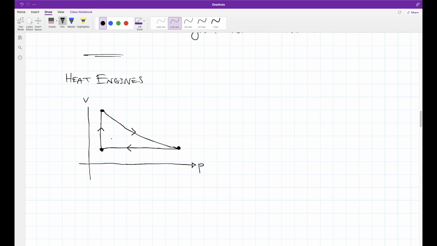So we have one isothermal side, one isobaric side, and then one isochoric side. Good. And we would like to figure out, say, the heat or the work.